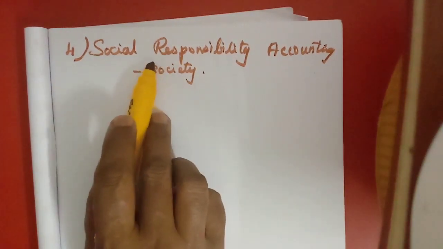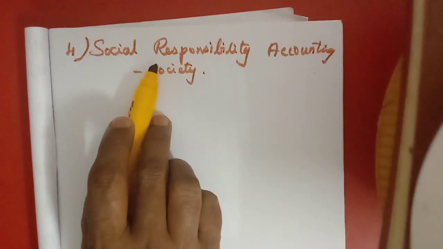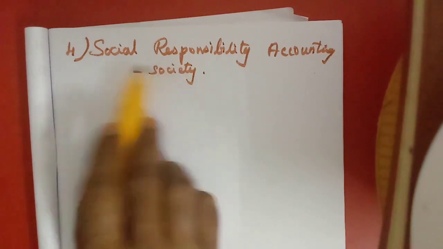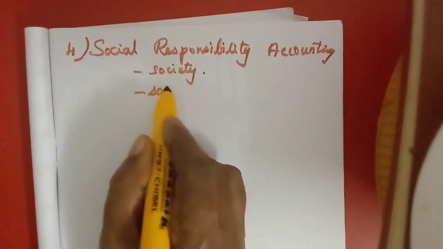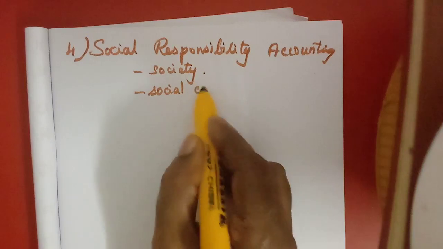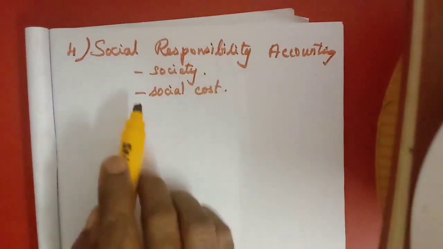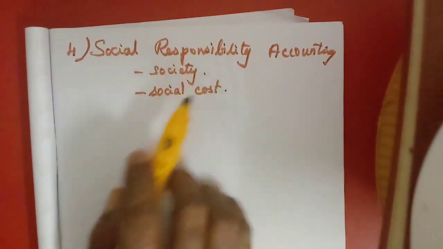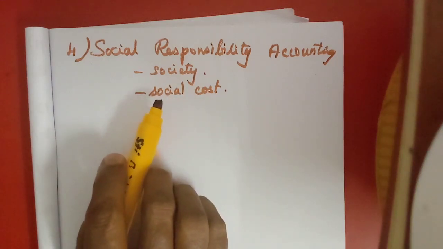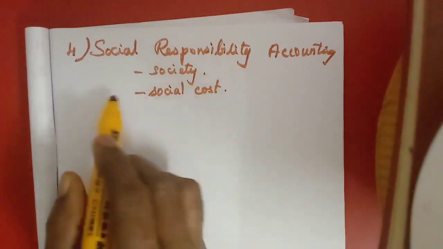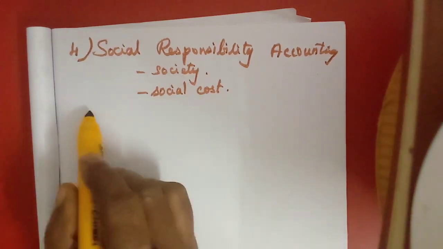So they have more responsibilities to fulfil. That is called social cost. They have to spend something for maintaining social responsibility. So that cost is called social cost.